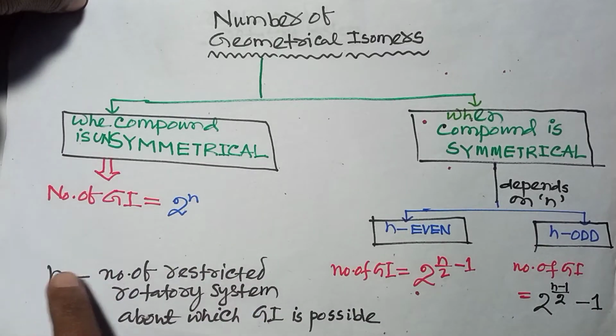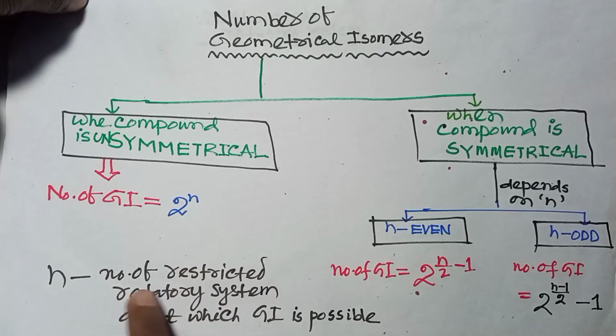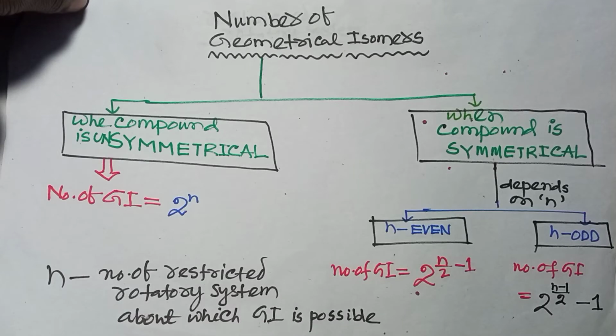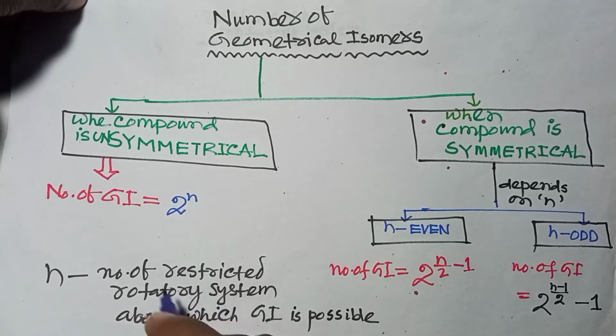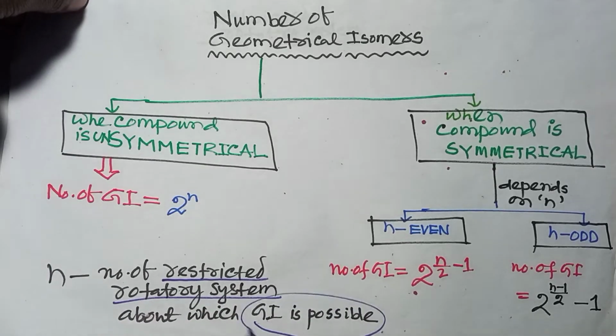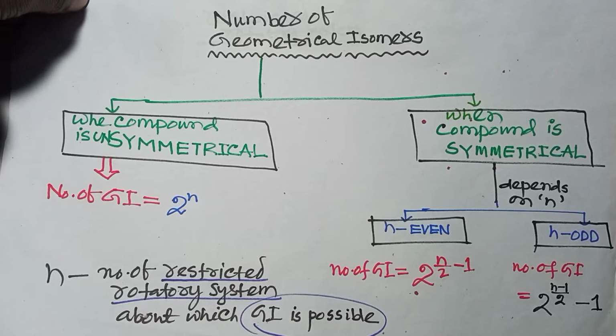So n is nothing but the number of restricted rotatory systems about which geometrical isomerism is possible.